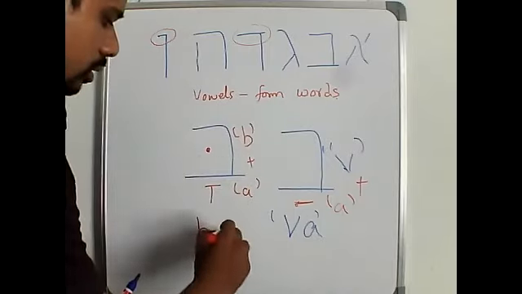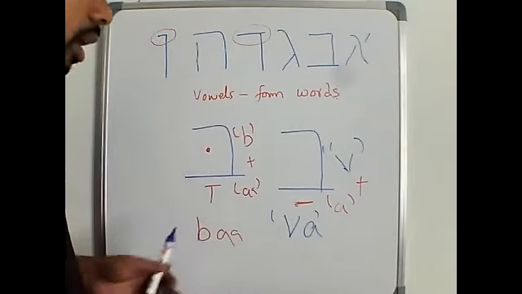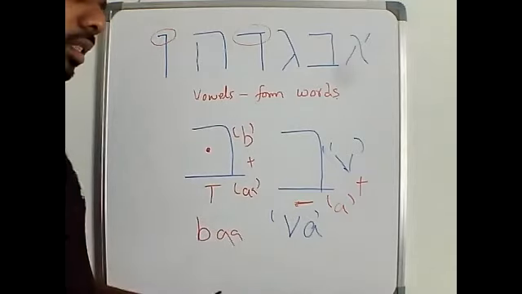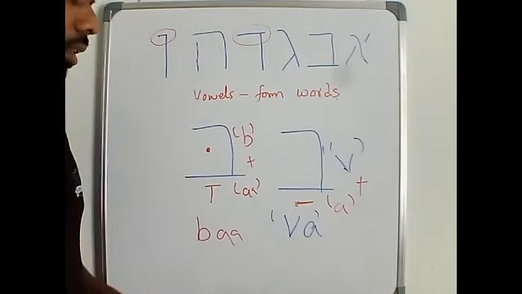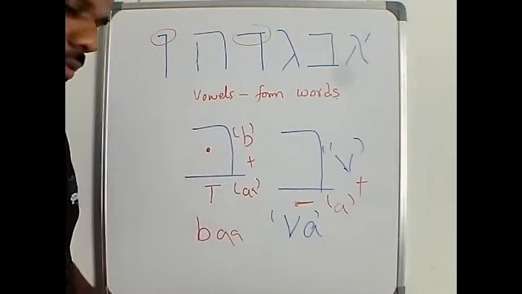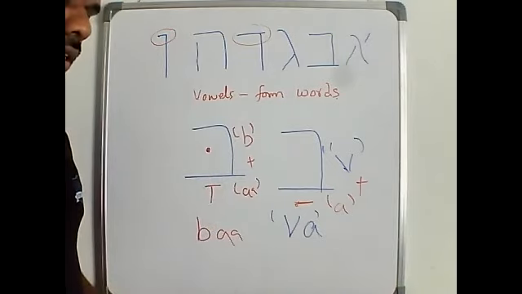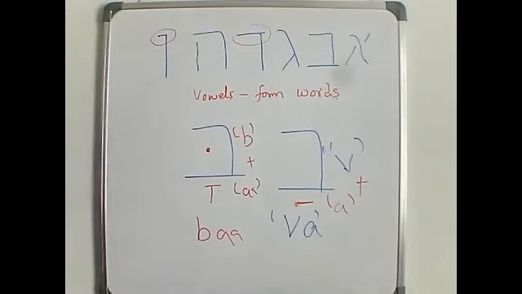What is the sound? Ba. You can just lengthen the sound. Are you getting the idea? I will give you more and more examples so that you can understand much better.